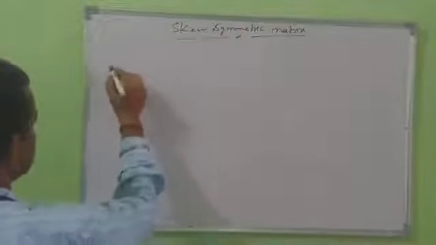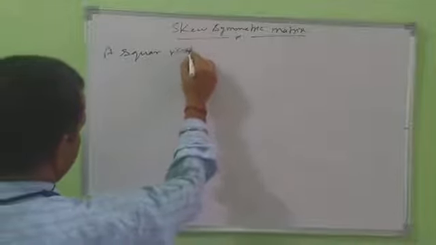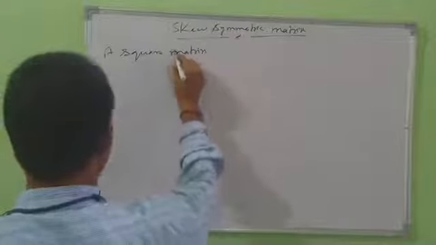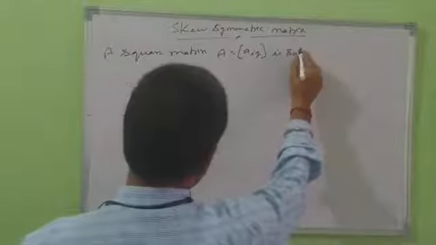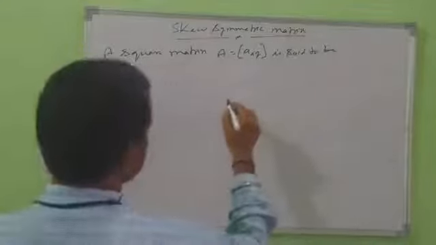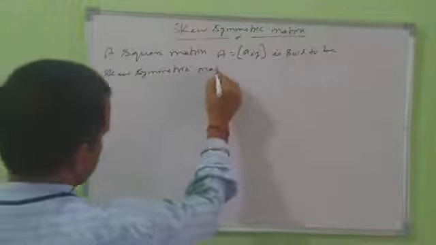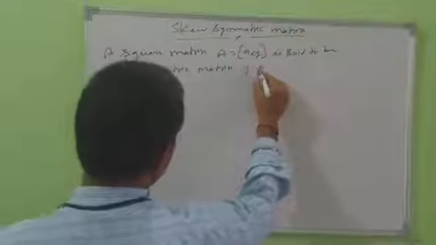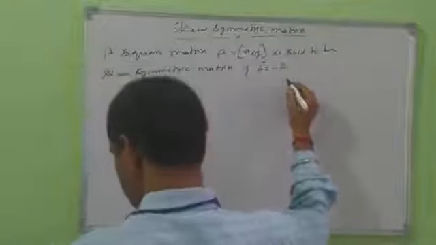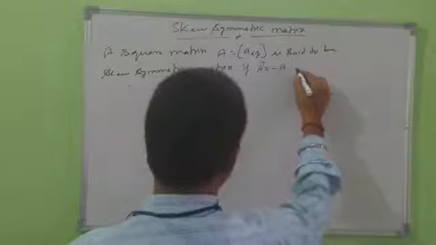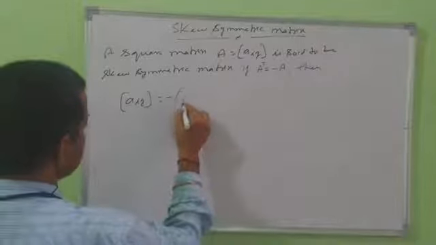A square matrix A equal to [aij] is said to be a skew symmetric matrix if A transpose equals minus A. It means Aij equals minus Aji.